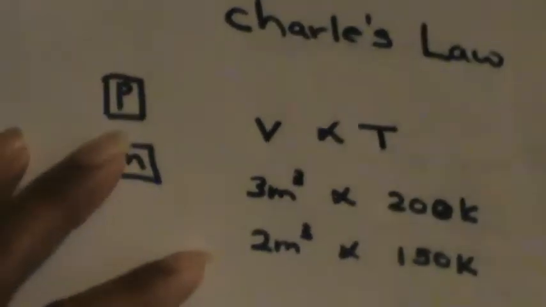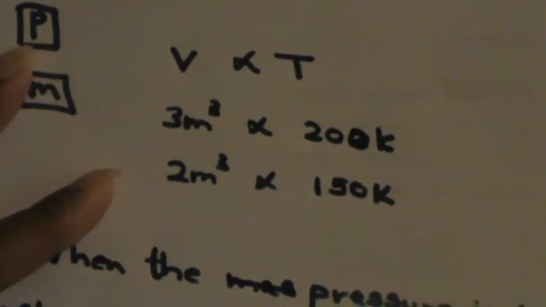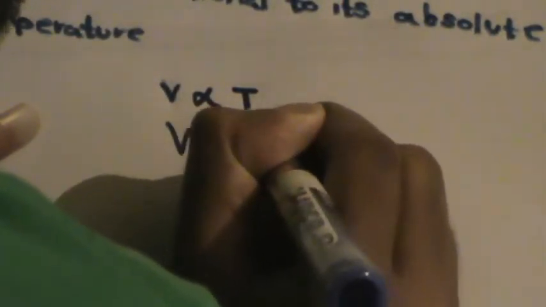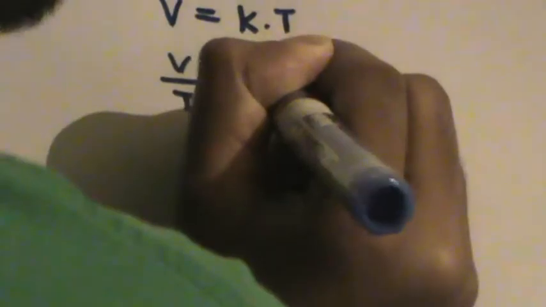So if the pressure is constant and the mass is constant, we can say V is directly proportional to T. As in the other formulas in mechanics, we can take the proportional sign out by equating it with a constant. So V is equal to K times T, so that V by T is a constant.